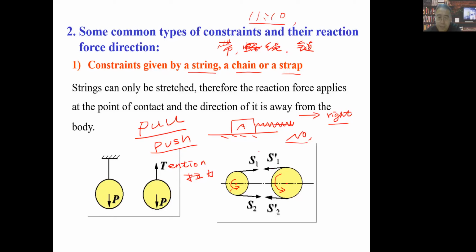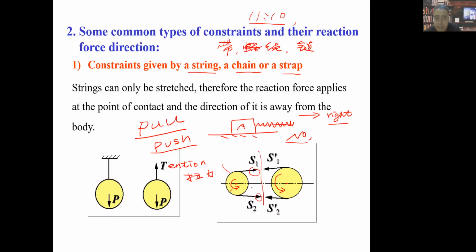But if we imaginarily cut this strap into two parts, and we just select the left part to analyze, then the right part will have an action force on this part. We can use some kind of force to denote this action, actually this and this.